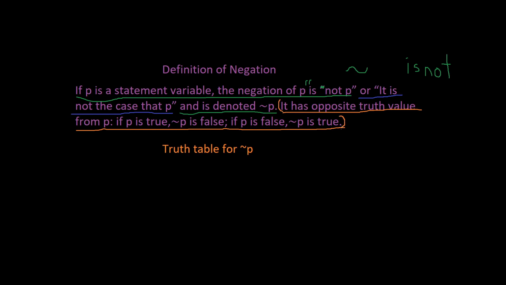So this is a part of our statement that I'm going to define. So let's see right here. This is our definition, this is our statement, this is our truth table. So let's see. P. We're given P, right? And we wanted to find the truth for negation P.